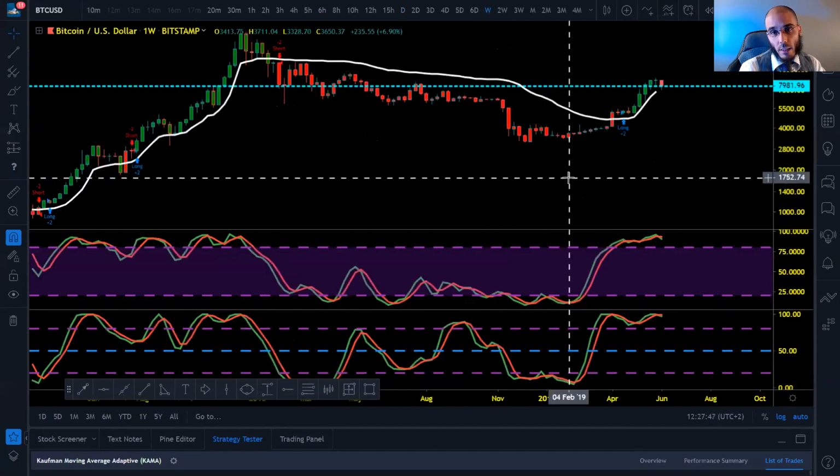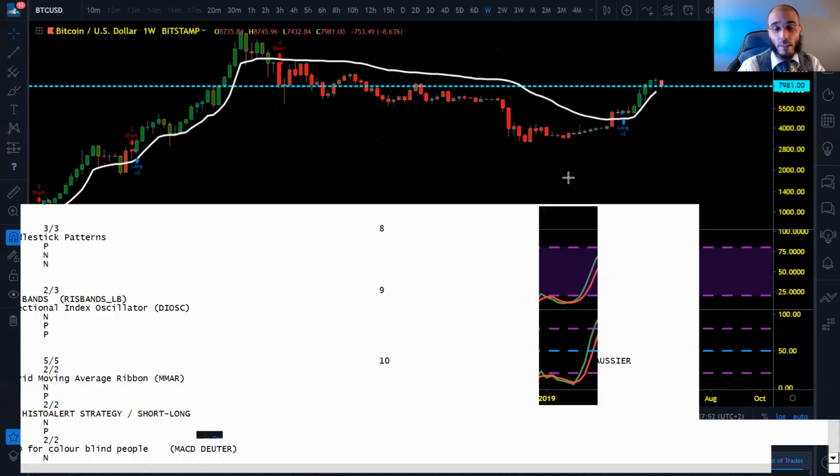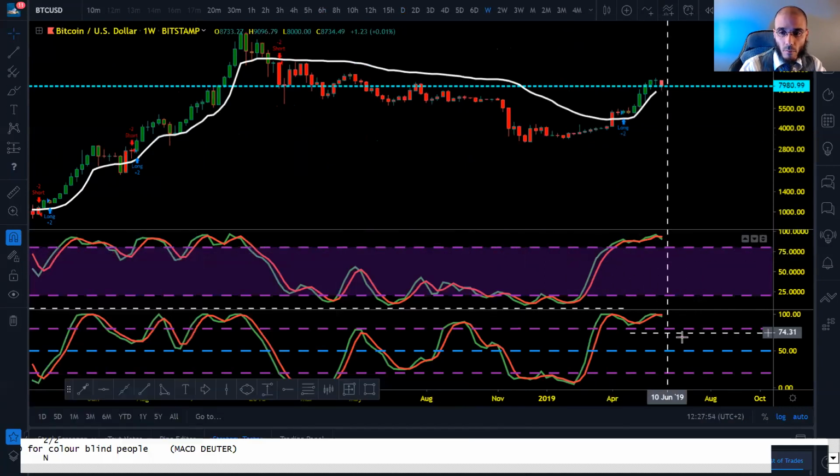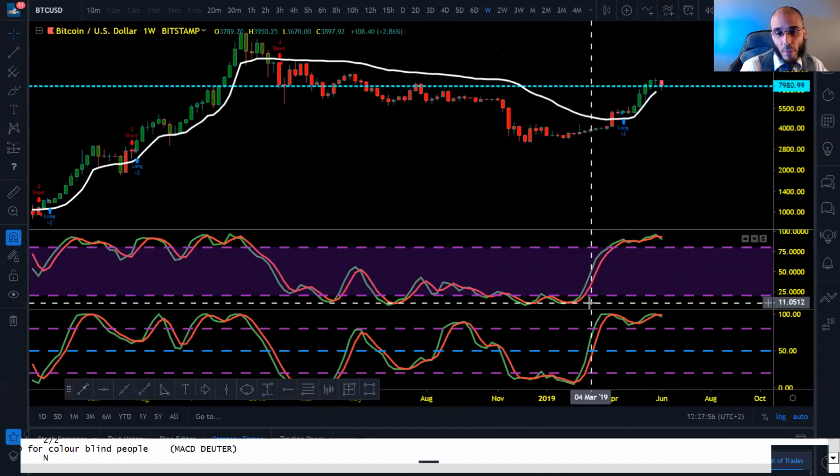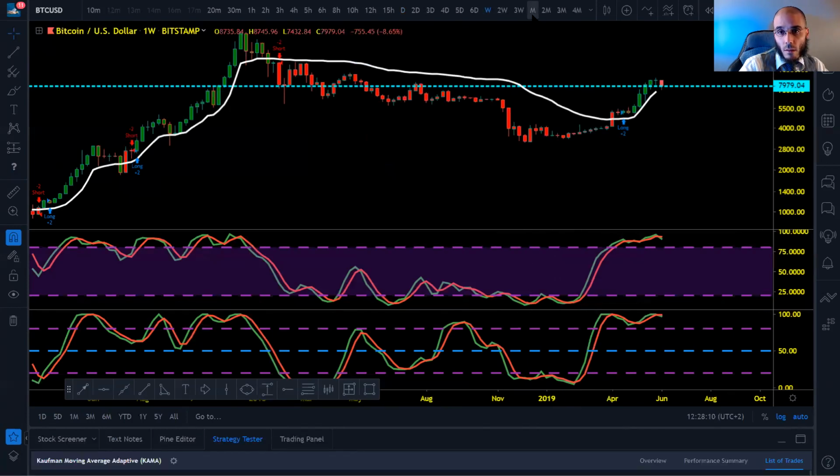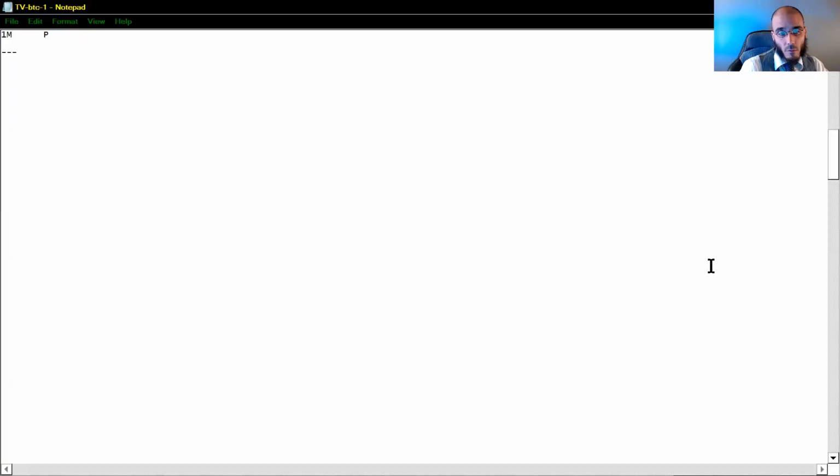And stochastic is negative on the 1 week chart, and it tells you that we are grossly overbought, that we badly need a correction. One month chart is positive. So you are positive 5 out of 6 on stochastic.